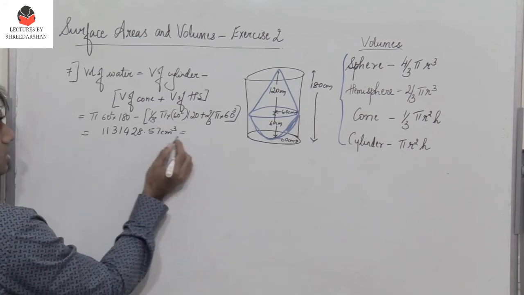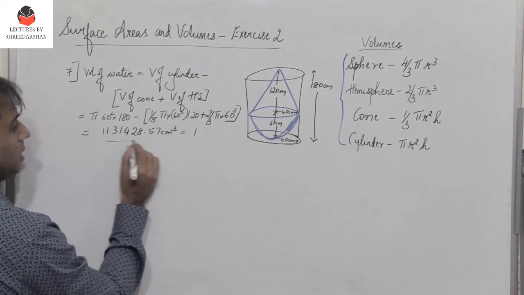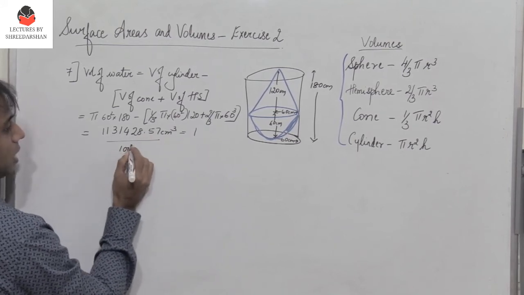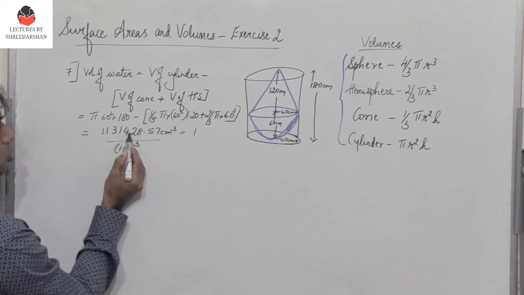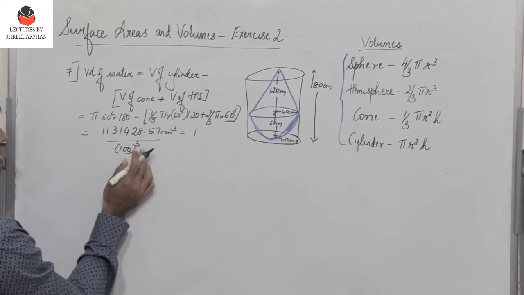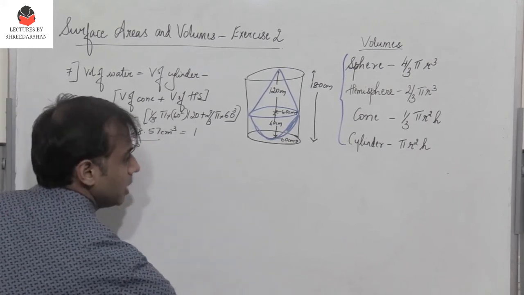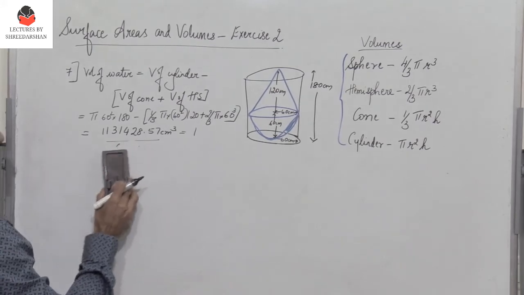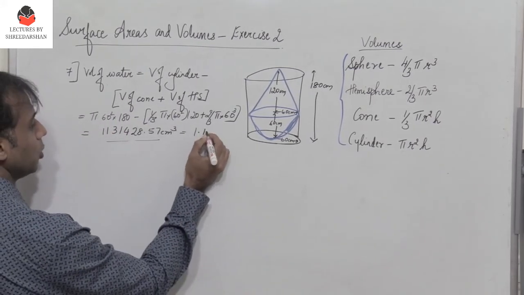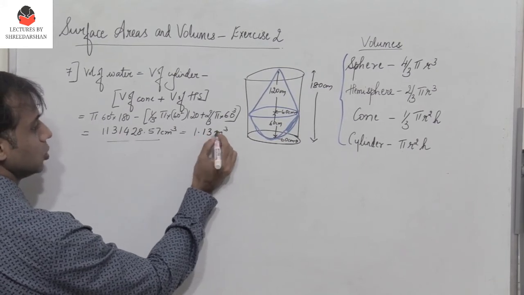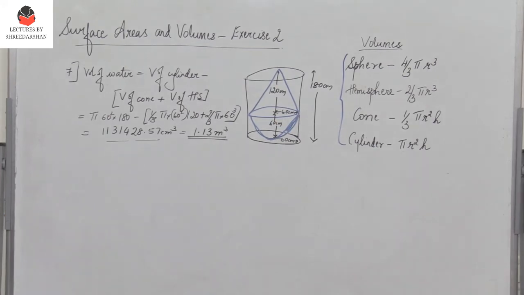So I have to divide this by 100 cube, right? So that means 1 followed by 6 zeros. So I shift the decimal point to the left by 6 places. So I get 1.13 meter cube. So this is the volume of water which is left inside the cylinder.